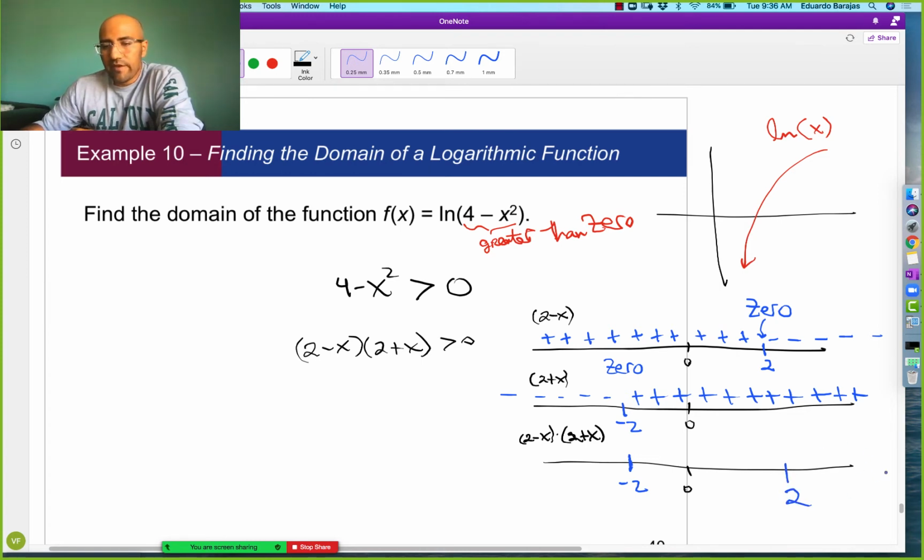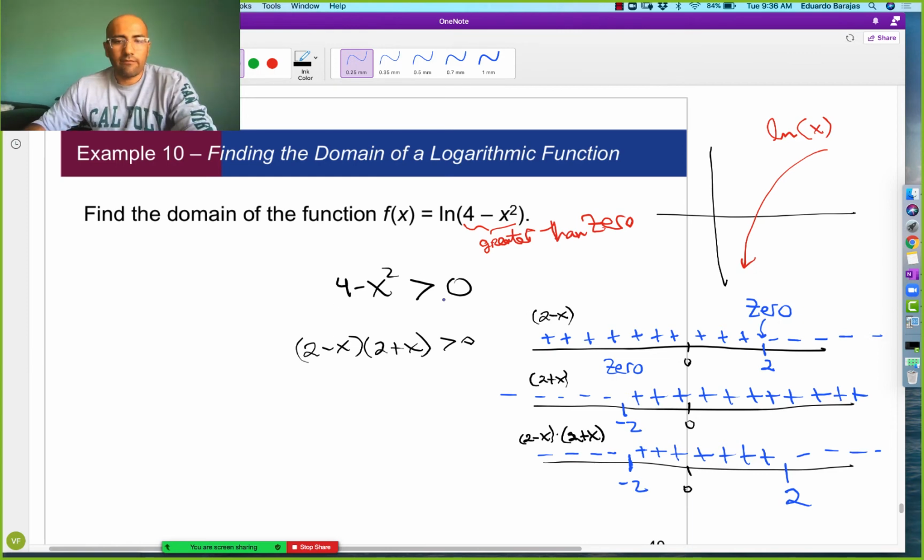For any x on this side, we end up with a negative times a positive, which is a negative. Over here, for any x value to the left of -2, we end up with a positive times a negative, which is also a negative. And for any value between -2 and 2, we end up with a positive times a positive, which gives you a positive.